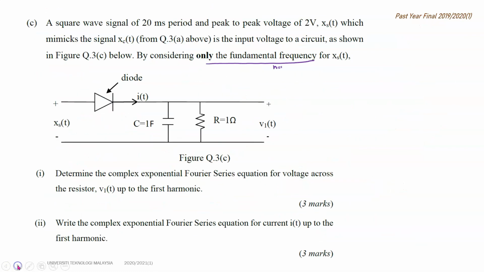However, we also have to take into account the new omega, because the signal here has a 20 millisecond period. So omega is equal to 2 pi over 20, which is equivalent to 100 pi.